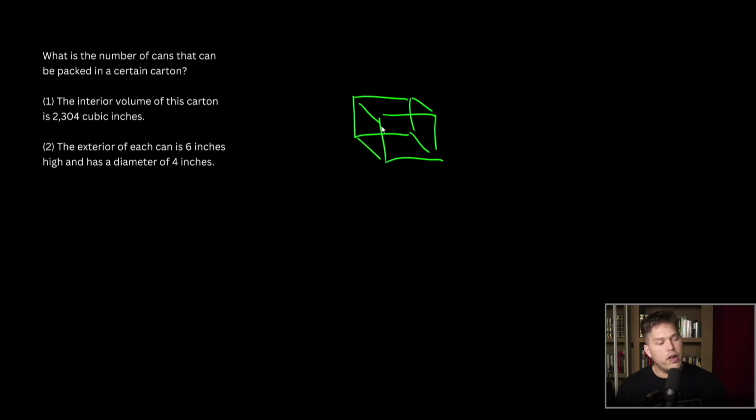Let's say we have some cube with dimensions that are 2 by 2 by 2. Here we have a volume of 8. Okay, but what if we draw another shape? What if we have just a long rectangle?